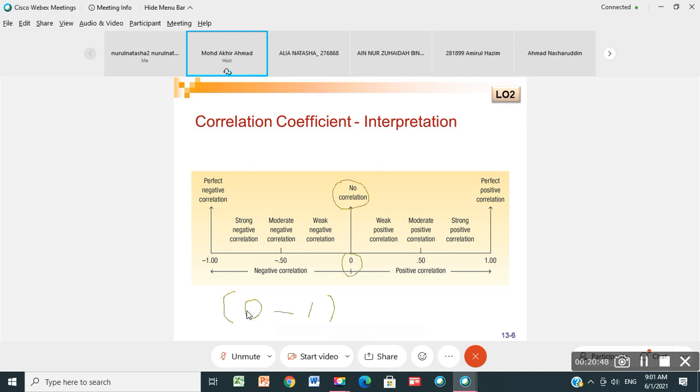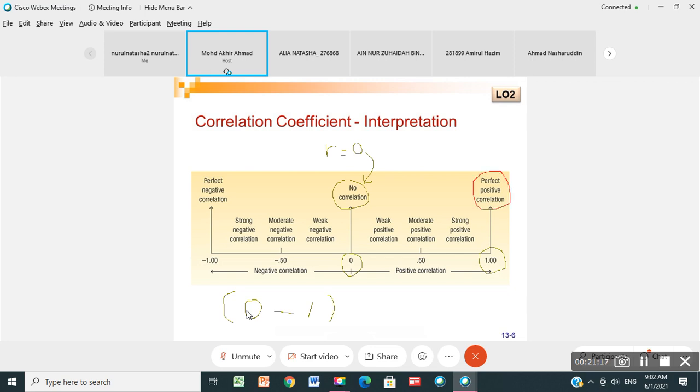In case we have the R value, R value equals 0, it means result is no correlation. There are no correlation between X and Y or A and B. So in case we get plus 1, plus 1 indicate the perfect positive correlation.